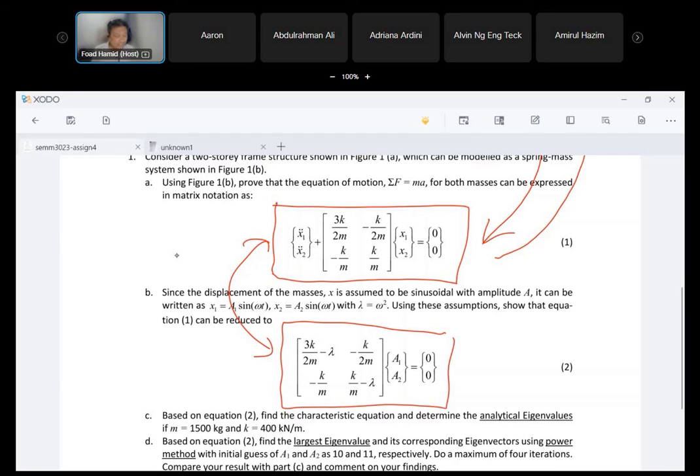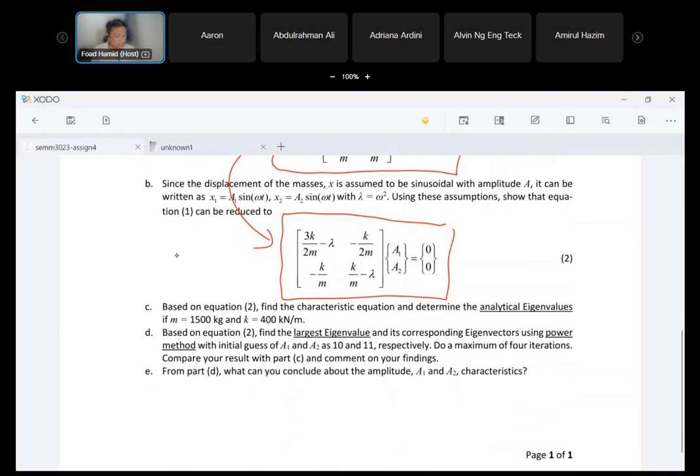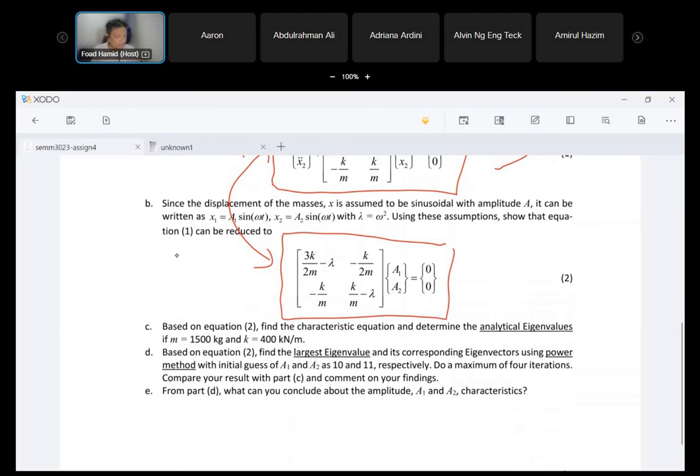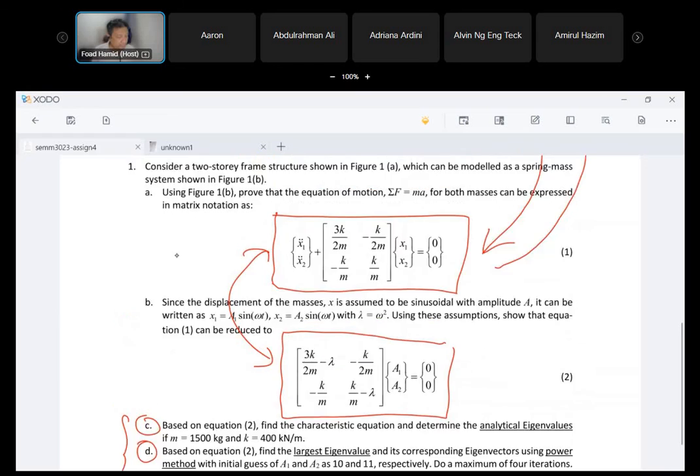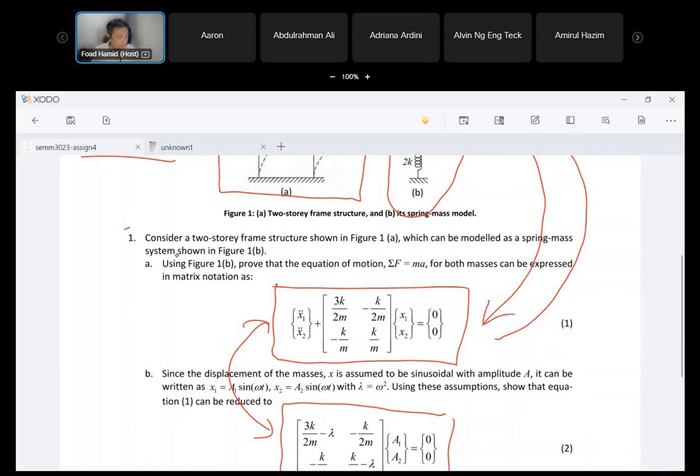So I'm giving you the benefit of the doubt and all the points there. But the most important thing is part C, part D, and part E. This is part of the numerical methods, and this one is just your dynamics. So how do we derive that thing here?